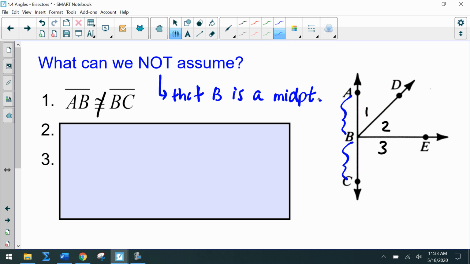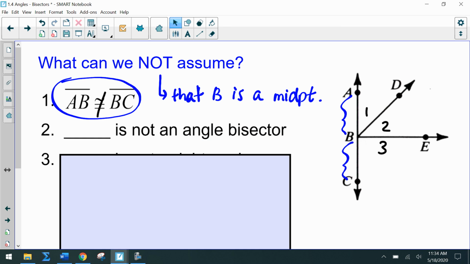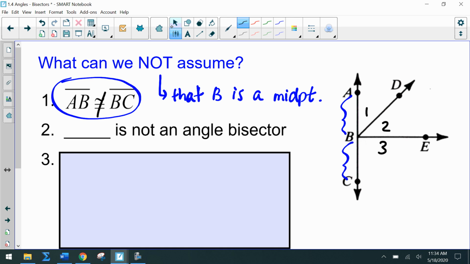We cannot assume that BD is an angle bisector.